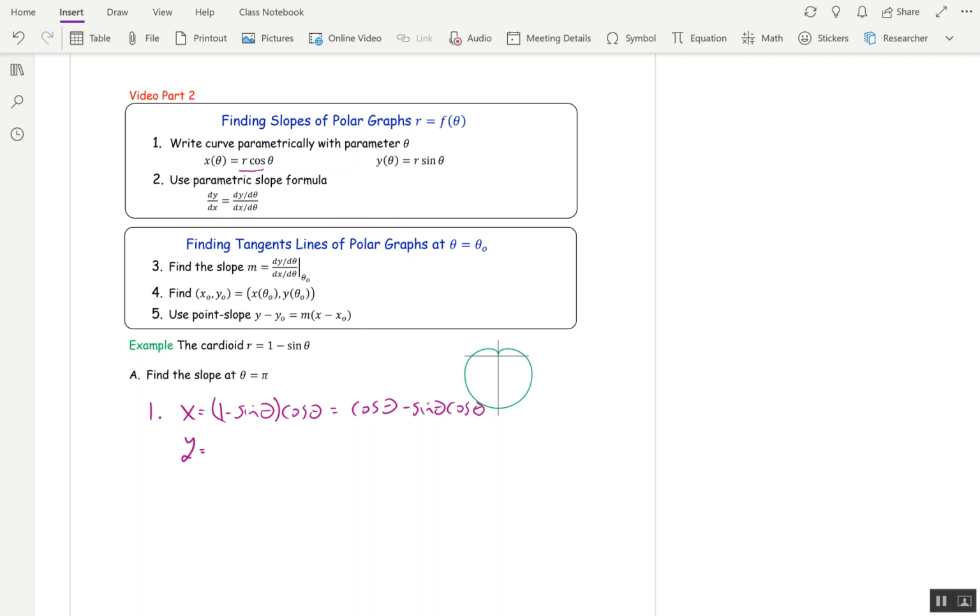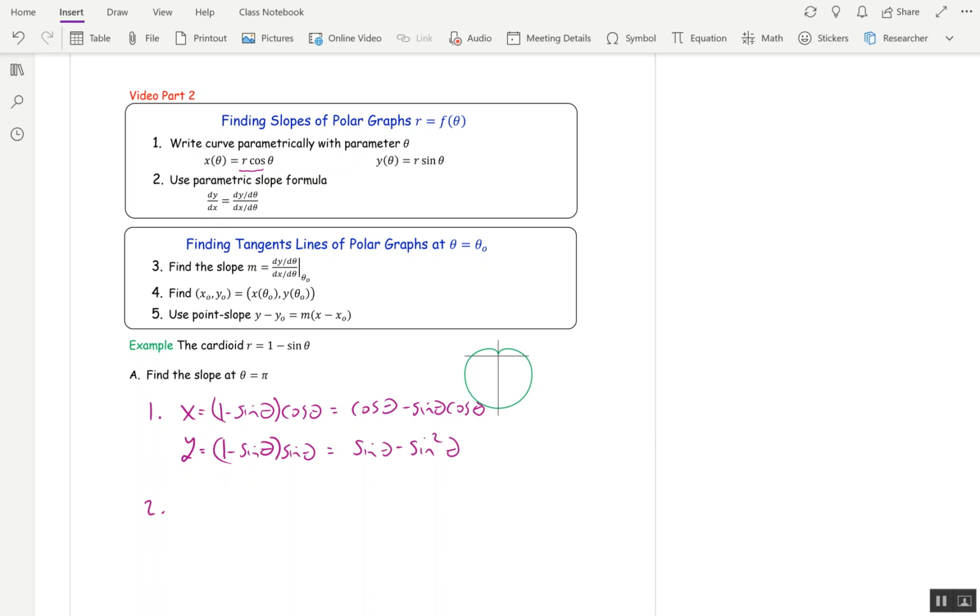Y is r sine theta. So that's 1 minus sine theta times sine theta, which is sine theta minus sine squared theta.